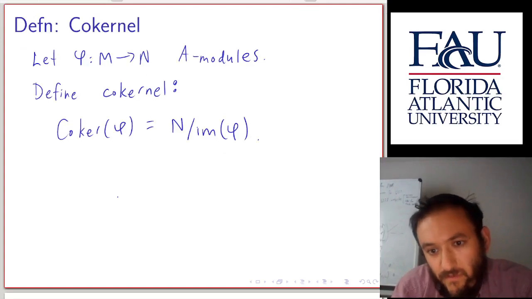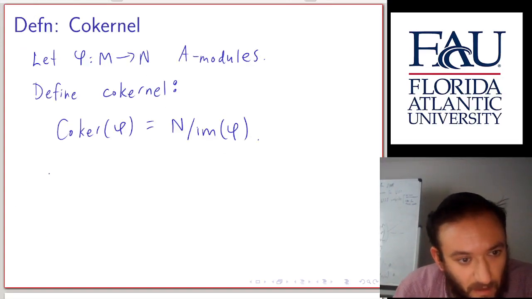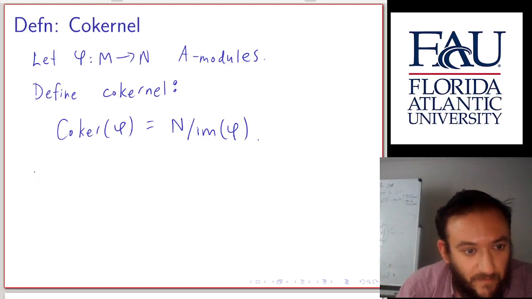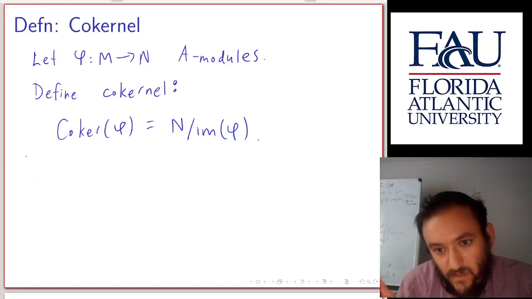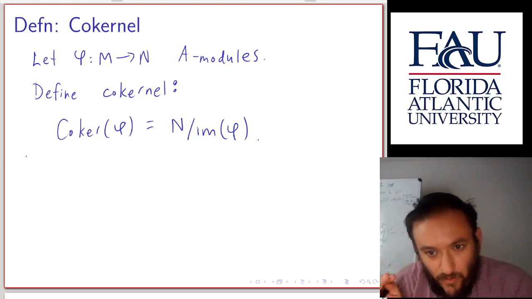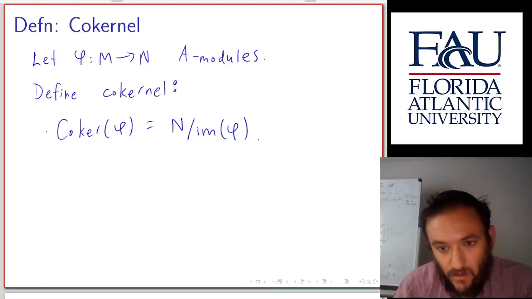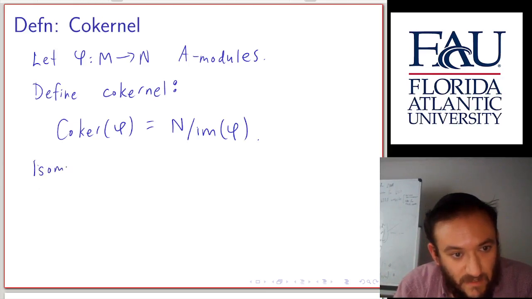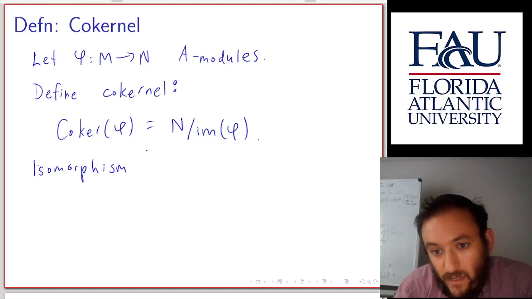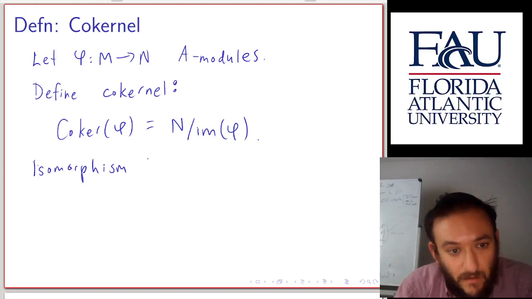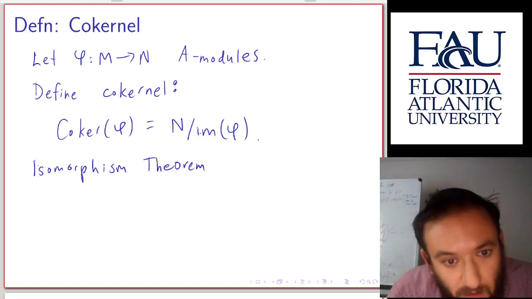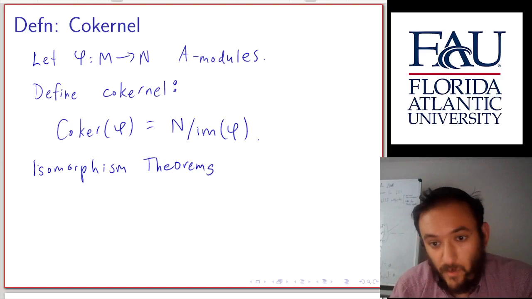In addition, because we have quotients, we can observe that all of the standard isomorphism theorems for groups carry through to modules. These are often connected to Noether, who made their importance very popular.